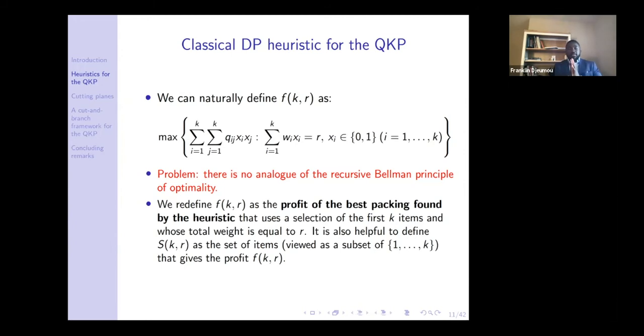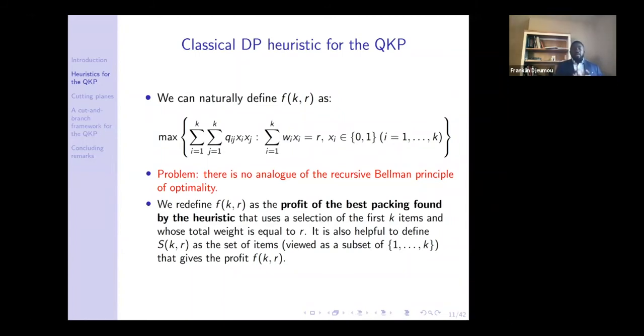The first one was developed in 2014 during my PhD, which is based on dynamic programming. So the idea comes from the fact that we know that dynamic programming can find the optimal solution for the linear knapsack problem. Now, what if we try to use this idea and apply it to the quadratic knapsack problem? Will it still work?